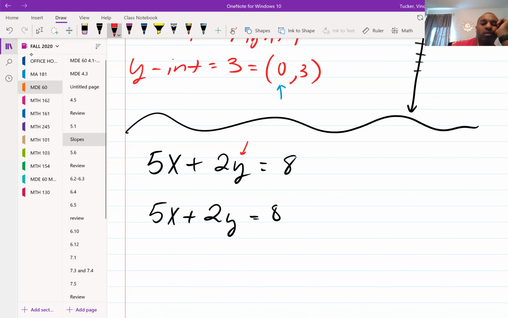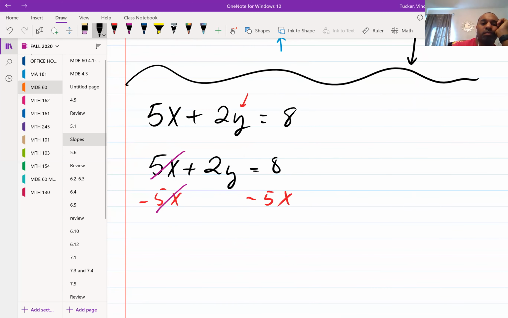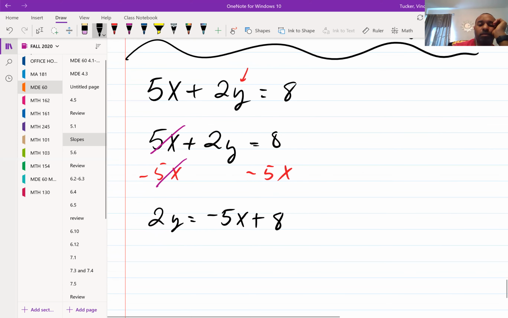All right, so we're going to subtract 5x from both sides. So if I subtract 5x from both sides, that'll be 2y equal to negative 5x plus 8. Now divide by 2.